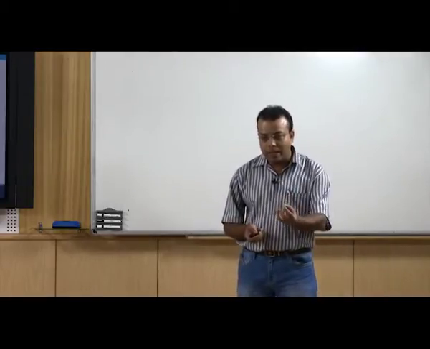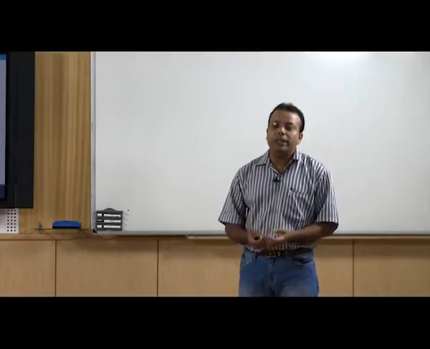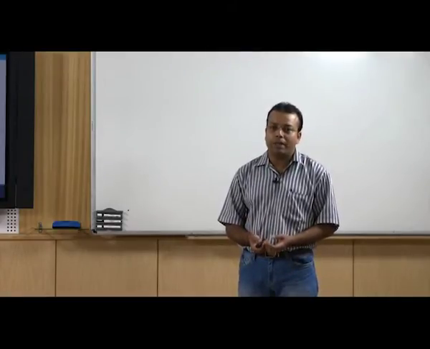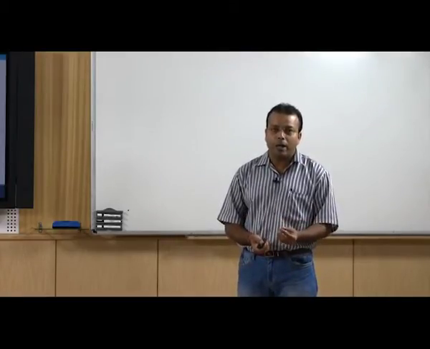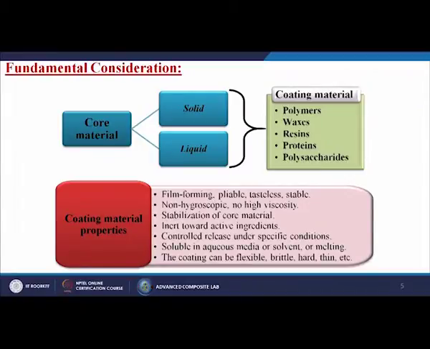Inert toward active ingredients: when we insert the material inside our body, there may be some acid or base, so it should not react with acid or base and it should do its job properly inside our body. Controlled release under specific conditions: when it gets the exact environment, only then will it start acting or be activated.